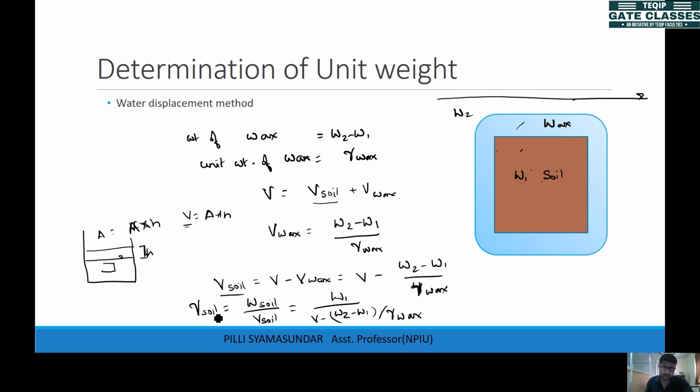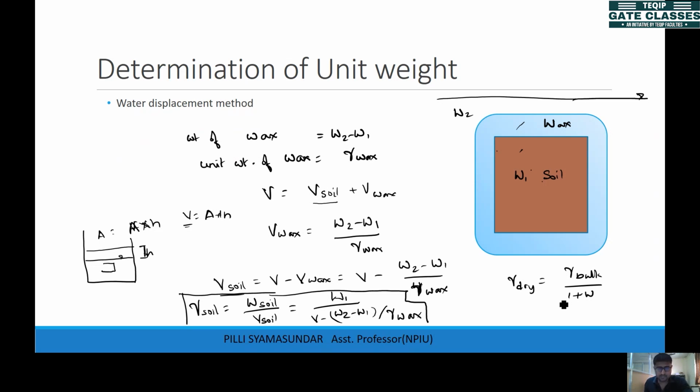So you find out unit weight in this way. This is again the bulk unit weight. If you are interested to know the dry unit weight, you find out the water content, and then from the water content and bulk unit weight, you find the dry unit weight as gamma bulk by 1 plus w.